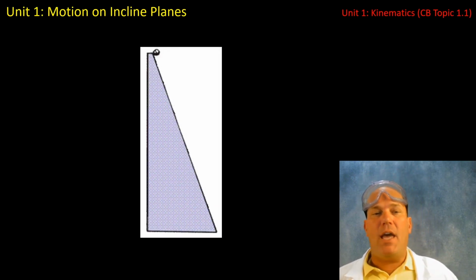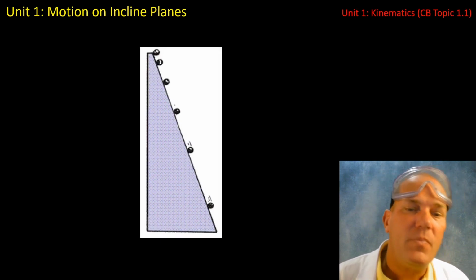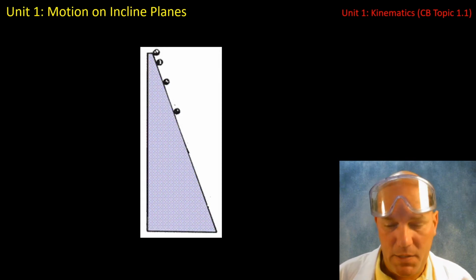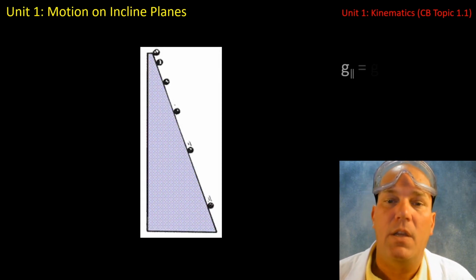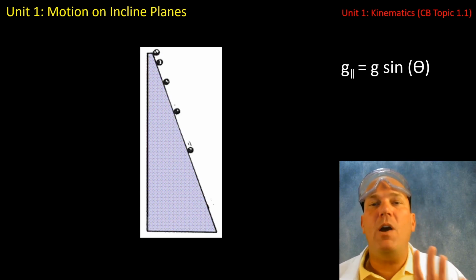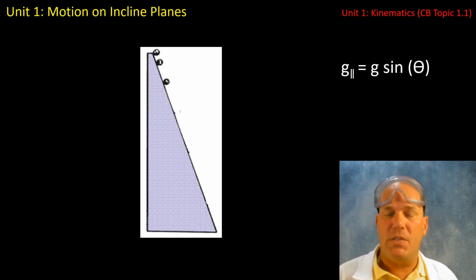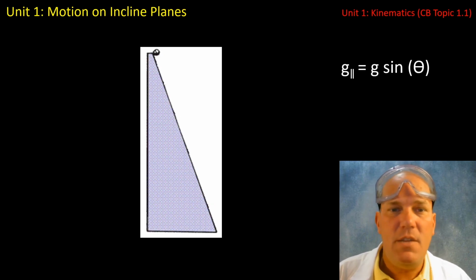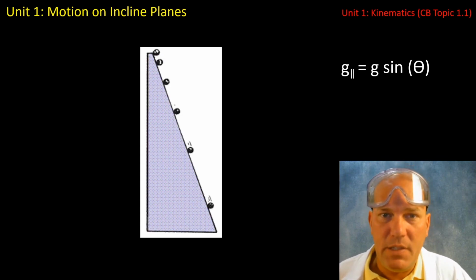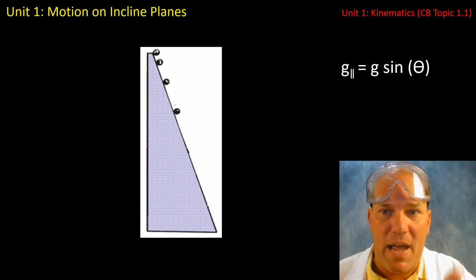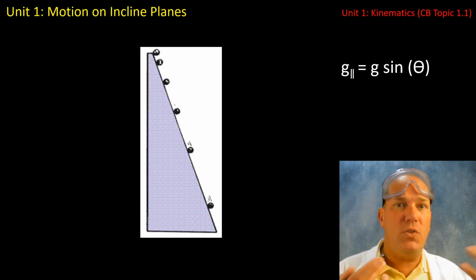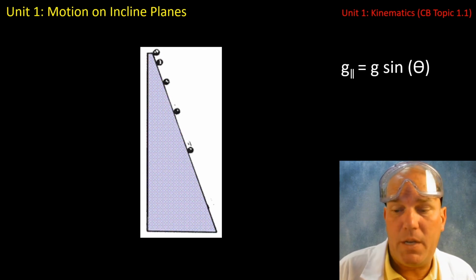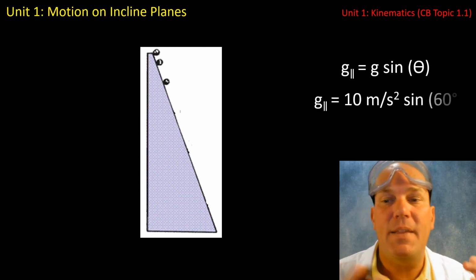Let's now look at this object, which is on a steeper incline, say 60 degrees above the horizontal. If we wanted to put in numbers, g parallel, because that is the motion of this ball down and parallel, is equal to g, with a magnitude of 10 meters per second squared, multiplied by sine theta.